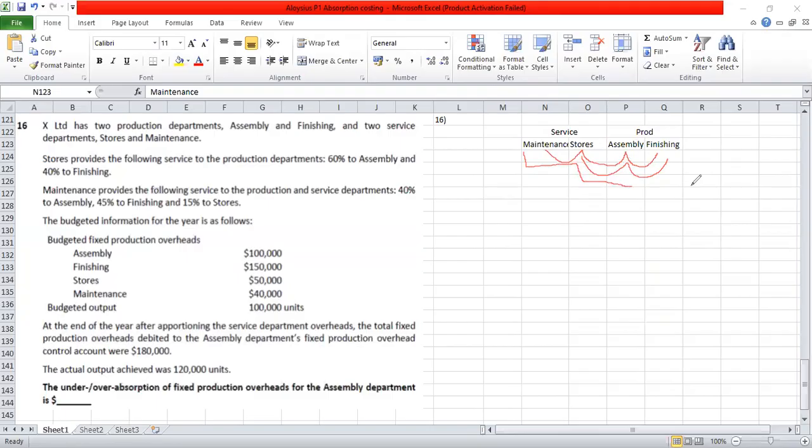Do you see that? That's why it's called a step down method. So that is the method which they are following. From the given information, what we can understand here is one service department is charging to the other service department plus the production departments, but the other service department is charging only to the production departments. Fine.